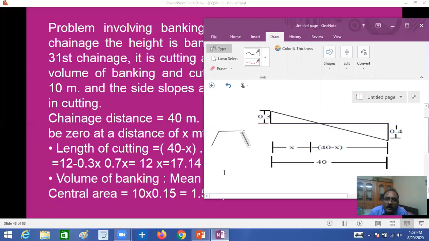Similarly for cutting, it is reverse, right? Here is cutting.